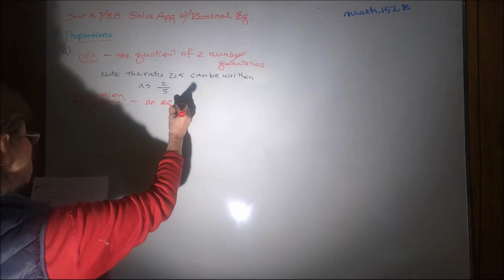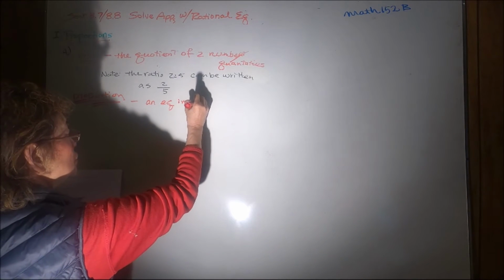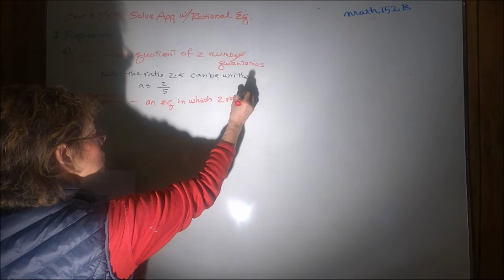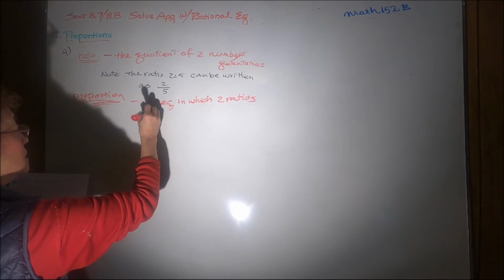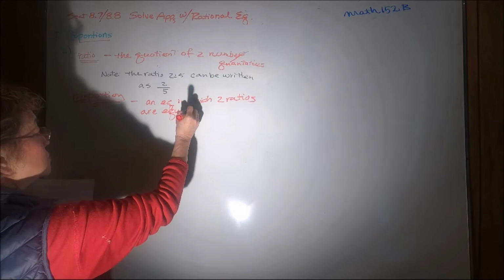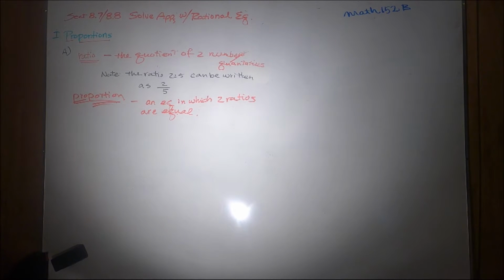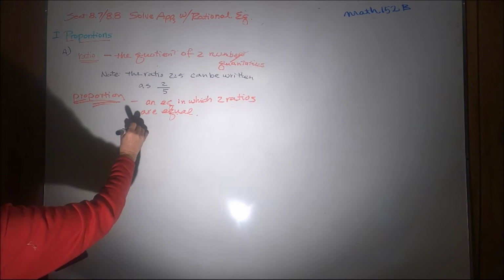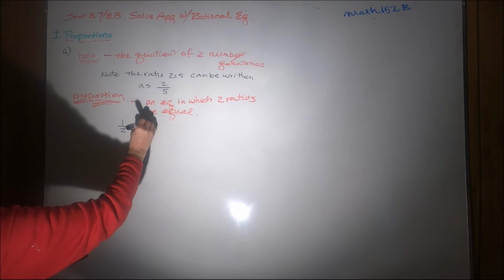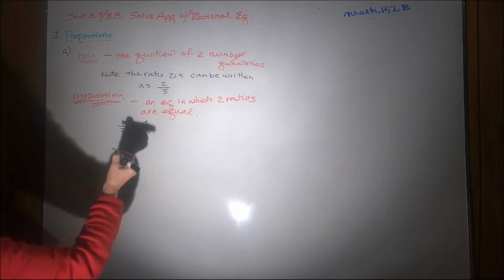It's an equation in which two ratios are equal. Okay? That means what? It's an equation, so you must have an equal sign. Like 1/2 and 4/8 are the same.